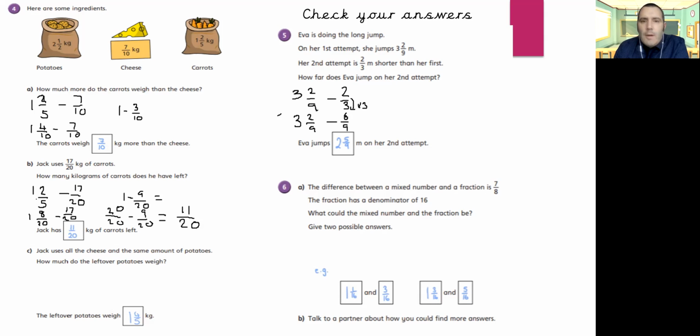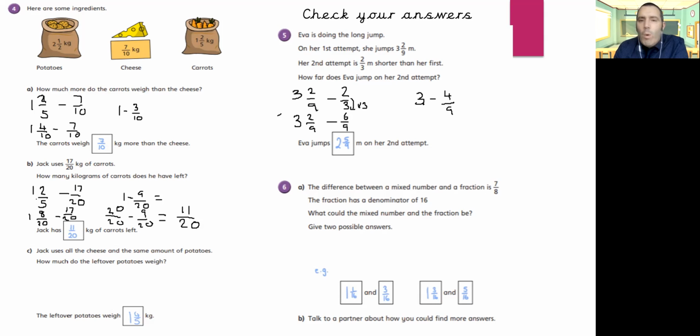So I'm going to take 2/9 to get me down to 3. So my question becomes 3 take away 4/9. Now I need to break the whole here. So I'm going to remember that 1 whole is equivalent to 9/9 in this occasion.